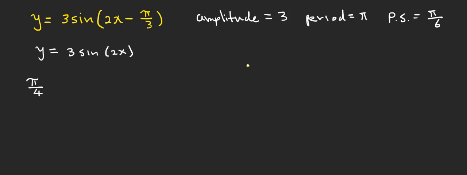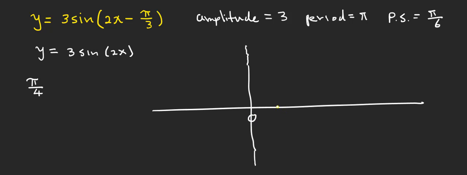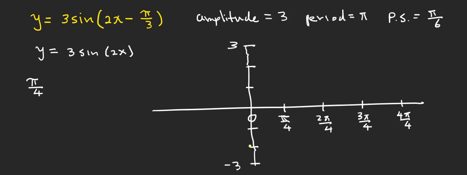So in order to sketch this, we start from 0, pi over 4, 2 pi over 4, 3 pi over 4, and 4 pi over 4. Now amplitude is 3, so you go 1, 2, 3. You go down negative 1, negative 2, negative 3.